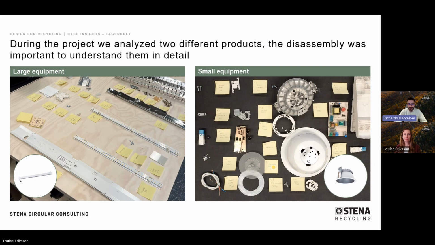So we conducted a product teardown to identify both challenges and design features that either facilitate or hinder proper recycling. And we organized a live disassembly together with the Fagerhult team in our lab, where we have a setup for this type of live disassembly meeting, which also allows for real-time discussion.